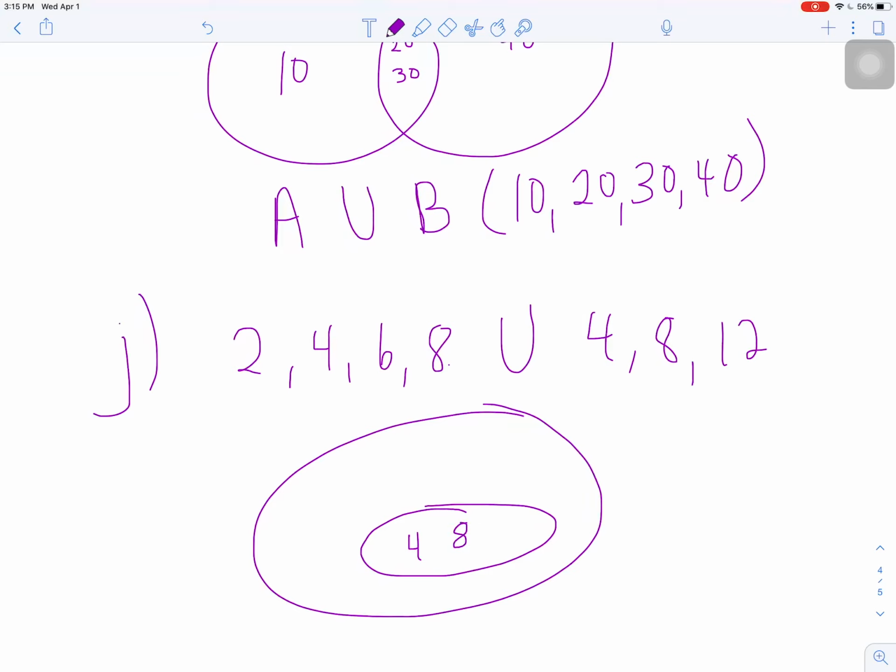Did I miss a number here? Yeah, it has a dot, dot, dot. It keeps going on. So we know that 12 goes in there as well. So we know that 2, 6, 8, and 10 would also be there as well. Dot, dot, dot. It keeps going out. But those are the ones that are together. Remember, those dots mean that it would continue on. So that's how you would draw that.